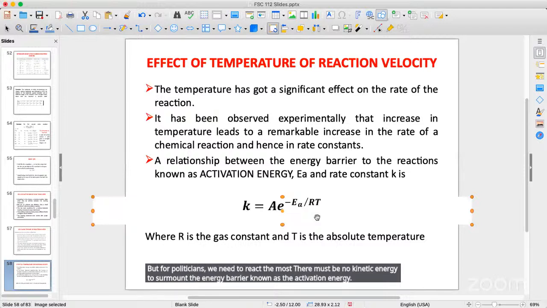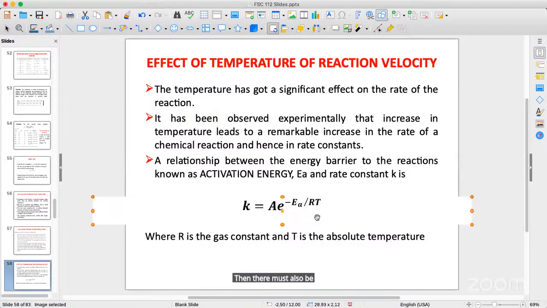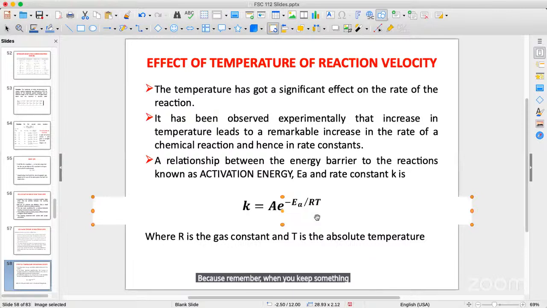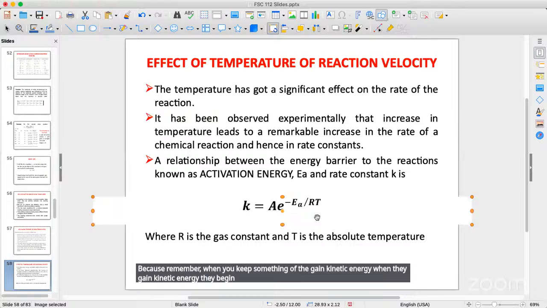The molecules must also collide with proper orientation. But because you're talking about collision, temperature is also important. Because remember, when you heat something up, it gains kinetic energy. When they gain kinetic energy, that's when they begin to collide. And that's why we said that temperature has a significant effect on the rate of reaction.